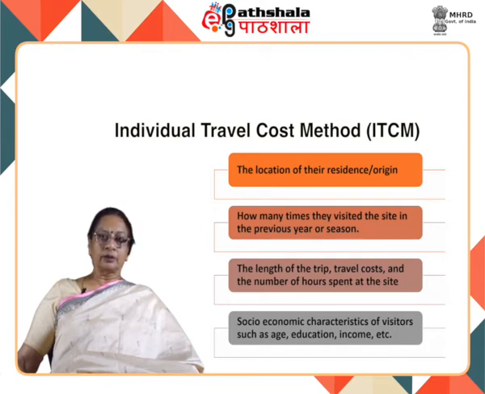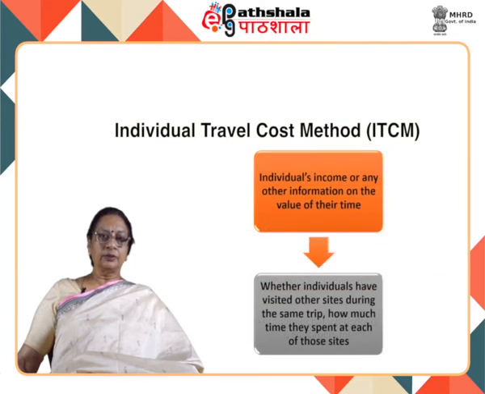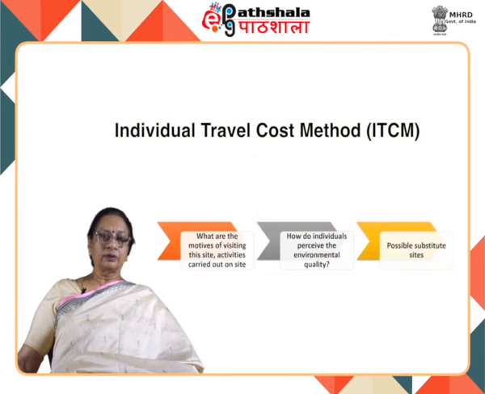Socio-economic characteristics of visitors such as age, education, income, etc. Fifth, individuals' income or any other information on the value of their time. Sixth, whether individuals have visited other sites during the same trip, how much time they spent at each of those sites. Seventh, what are the motives of visiting this site? Activities carried out on the site like games, walk, cycling, etc.